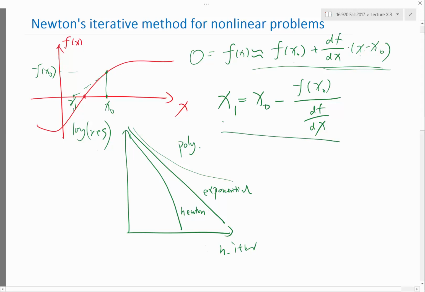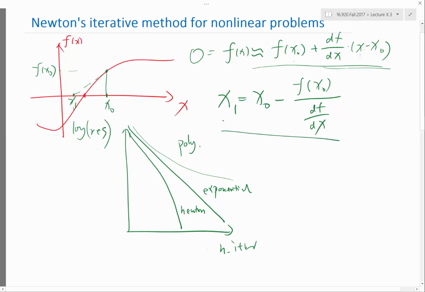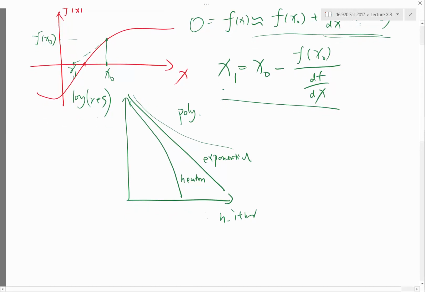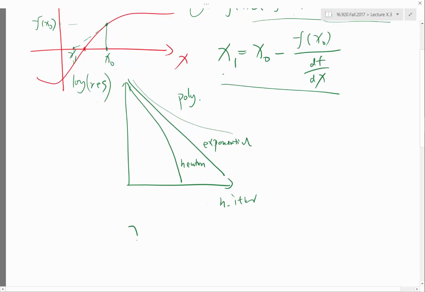And this actually generalizes to vectors. If you have a system of equations, my x1 would be x0 minus, now df/dx is no longer a number. It's a matrix.